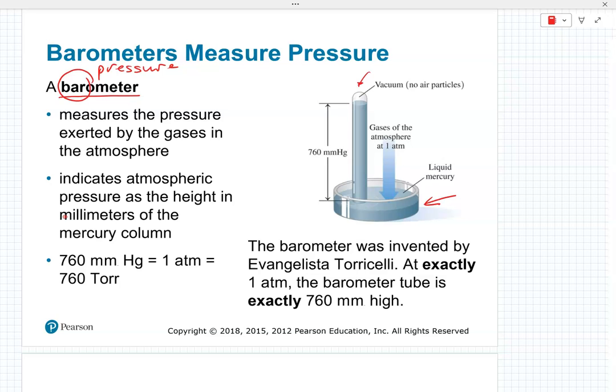Do you think the mercury will go up? So what I'm saying, we have that little dish, we have the mercury, and I put the tube like this. Will the mercury go up? No. You can try it at home.